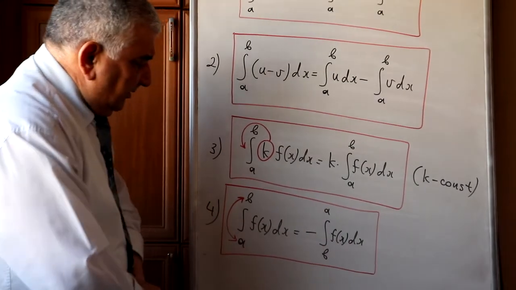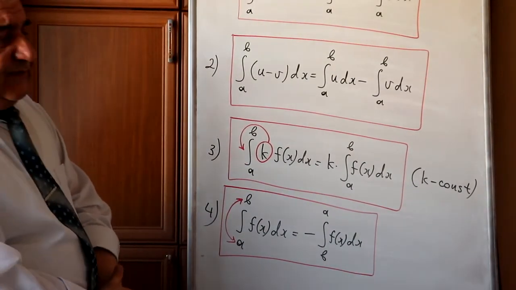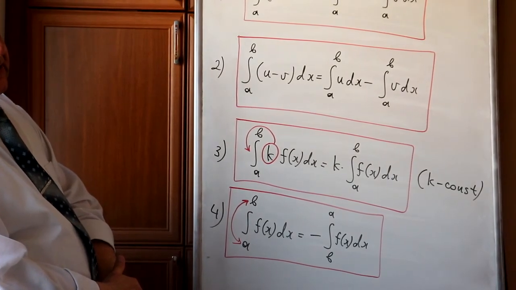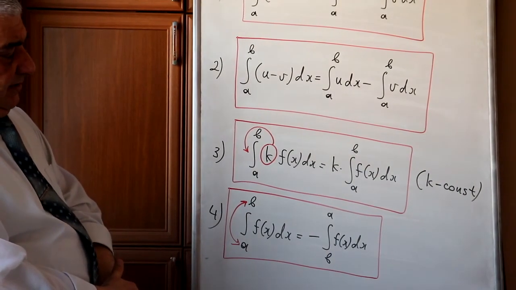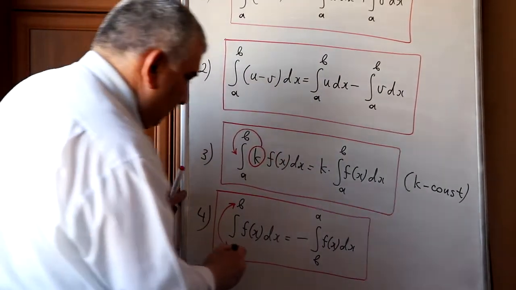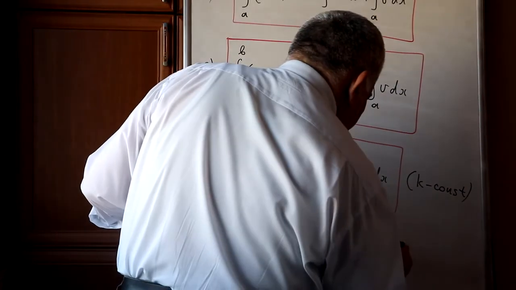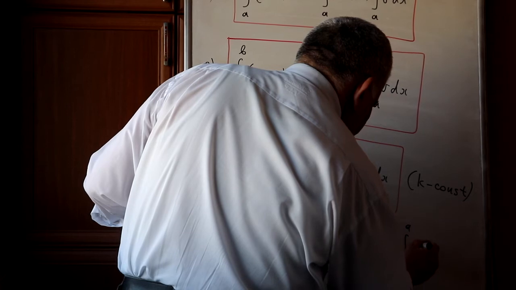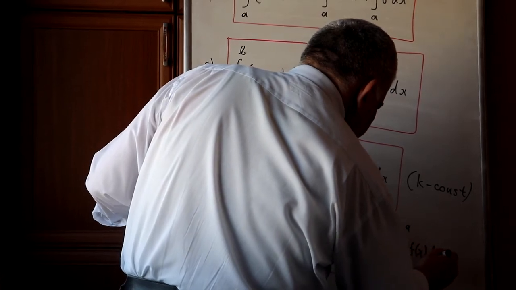Then, if the definite integral has identical integral limits, then such an integral is equal to 0. That is, fifth point. Integral from a to a f of x dx is equal to 0.